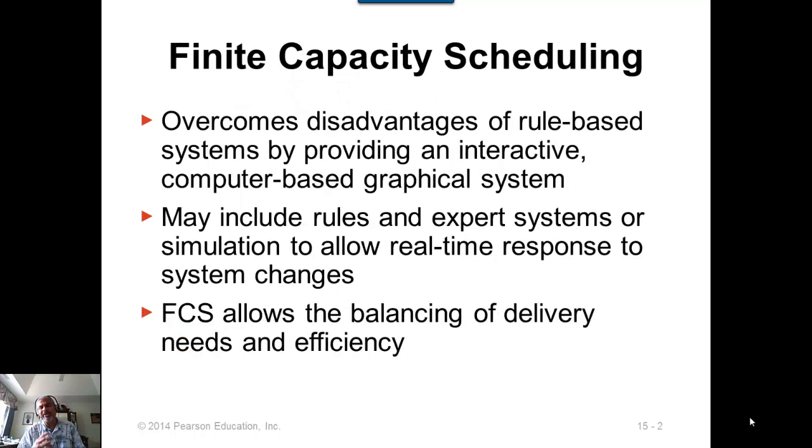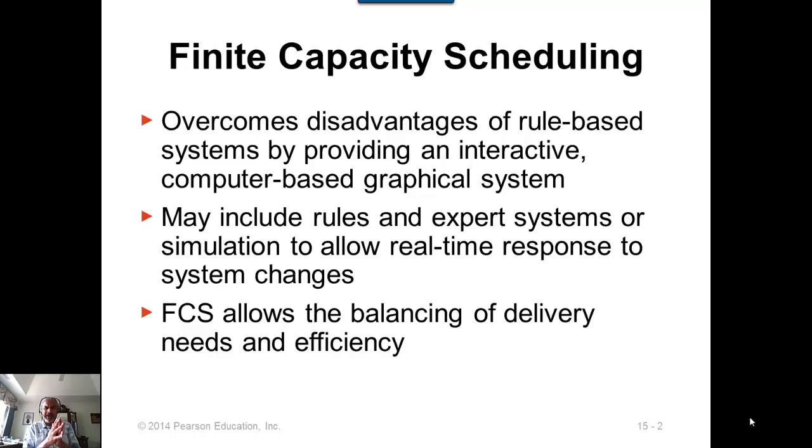One of the ways to mitigate this rule-based approach is to have what is called finite capacity scheduling. Finite capacity scheduling is a computer system that looks at all the different capacities available on the production shop floor, and it looks at the sequence in which the jobs are done in one workstation and what effect that will have on the capacity requirements in other workstations.